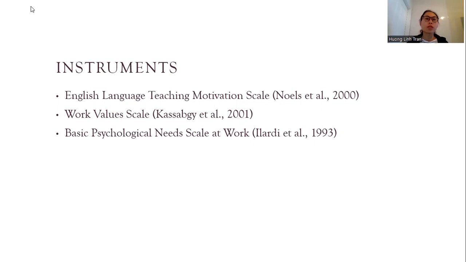This scale also includes 20 items divided into 3 subscales: the satisfaction of need for autonomy, the satisfaction of need for competence, and the satisfaction of need for relatedness. It was used to examine the extent to which teachers' basic psychological needs are met by teaching, or to what extent teachers perceived their needs are satisfied by teaching.